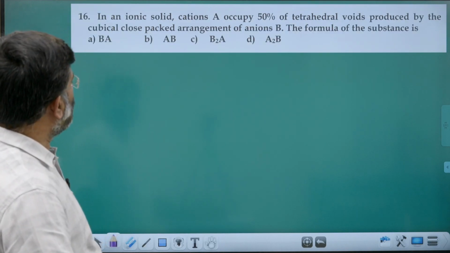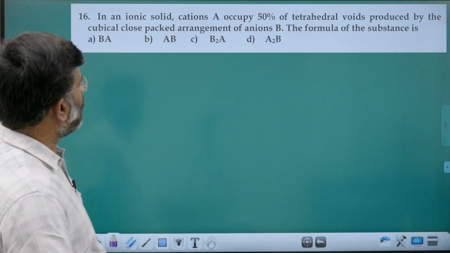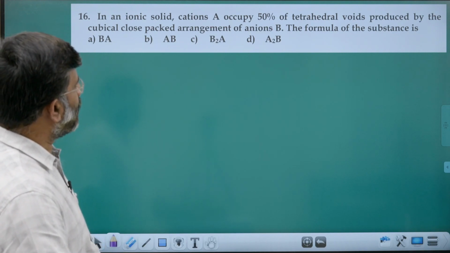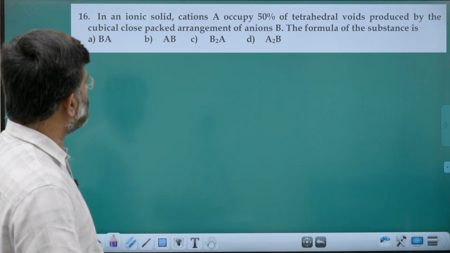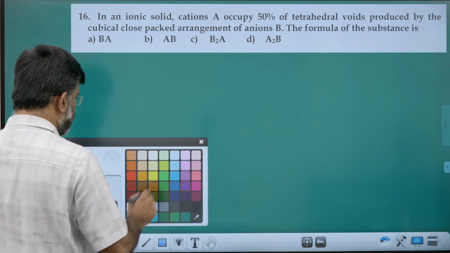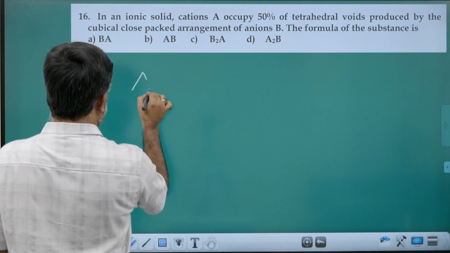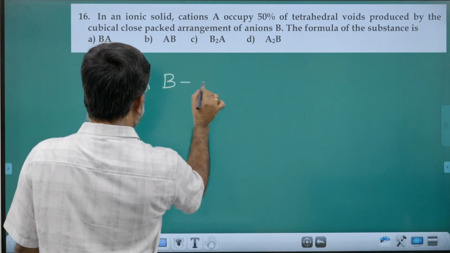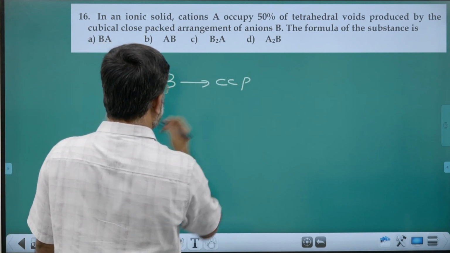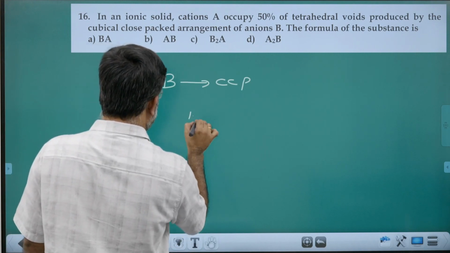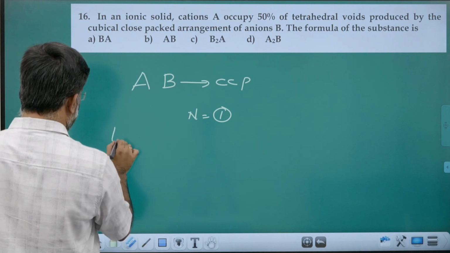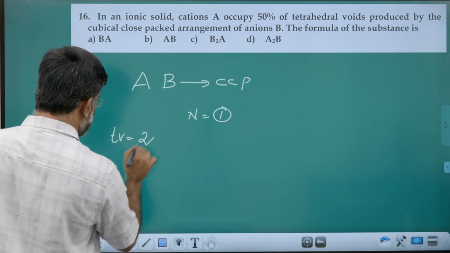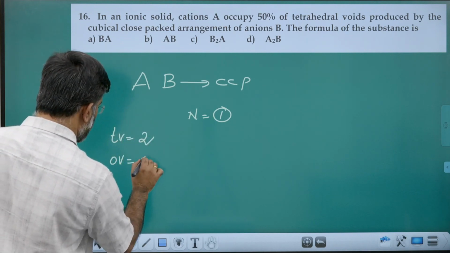In an ionic solid, cations A occupy 50% of tetrahedral voids produced by the cubic close packed arrangement of anion B. You see, we have A and B. This forms CCP.